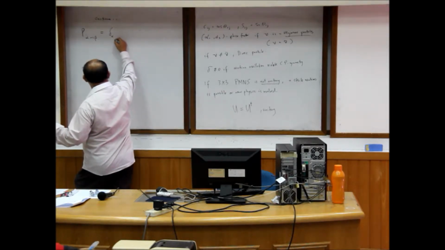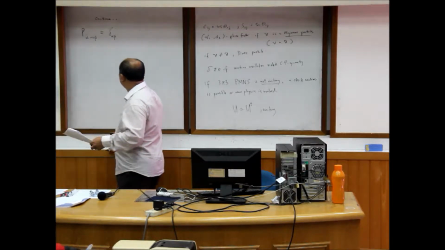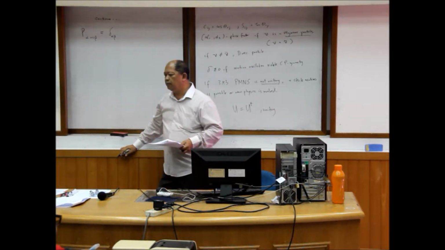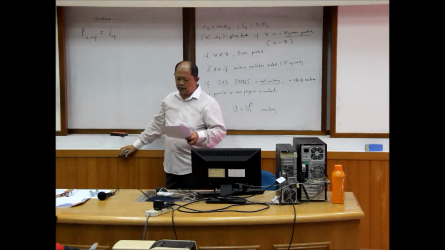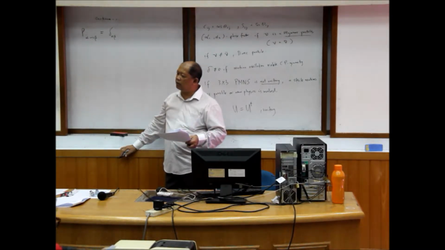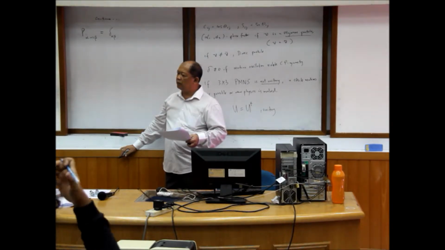You can have this delta function, meaning what? It will be 0 if alpha not equal beta. That's okay. If it is not changing, because it is oscillating with distance, so there is a probability that when you measure it, it comes back to its original flavor.